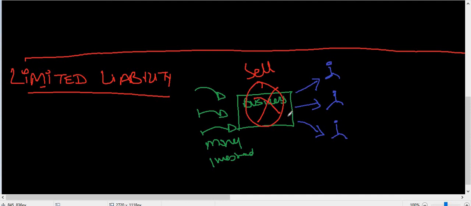that's limited. Limited means that the liability of the shareholders in a company is only limited to the amount they have invested. So if someone has invested, let's say, 100 dirhams or $100 in your business, they will only lose that $100. They will not have to give away their house. They will not have to give away their car.